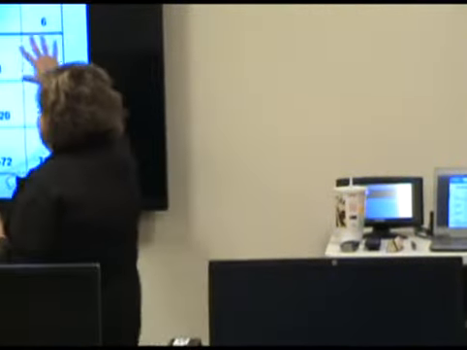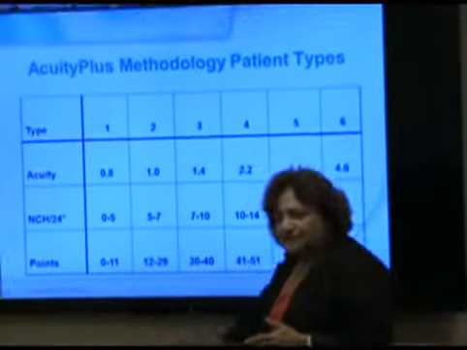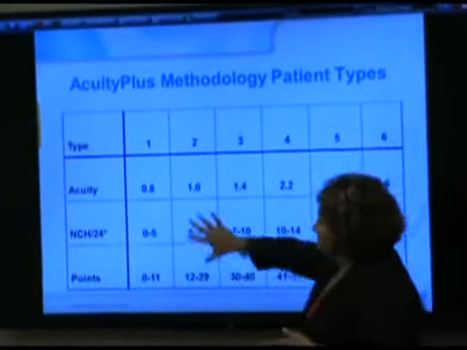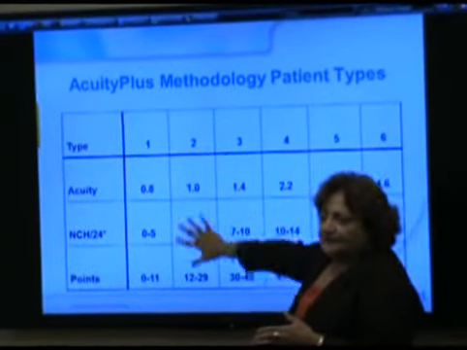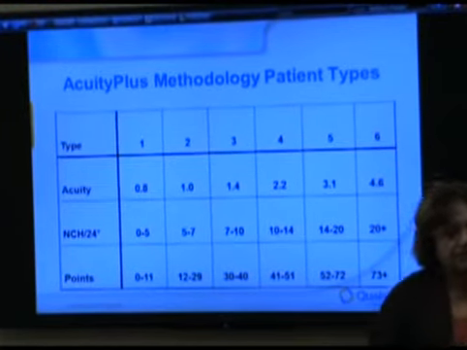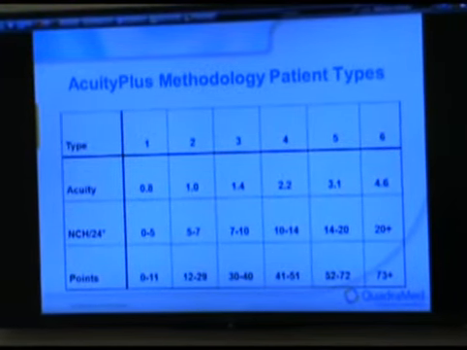Now, what the software does is it takes all of this information and converts it to the equivalent of a type 2 patient, so that when we're looking at workload, each unit of workload is equal to a type 2 patient. I'm going to say that again.